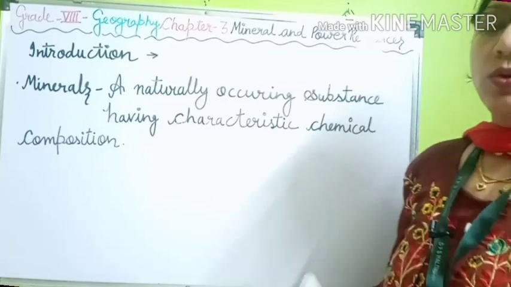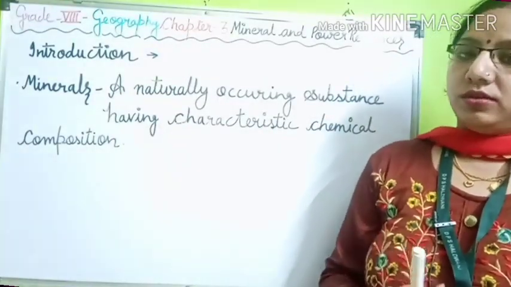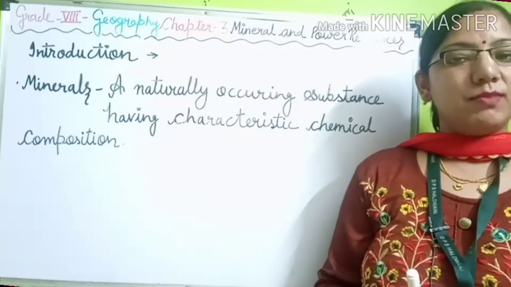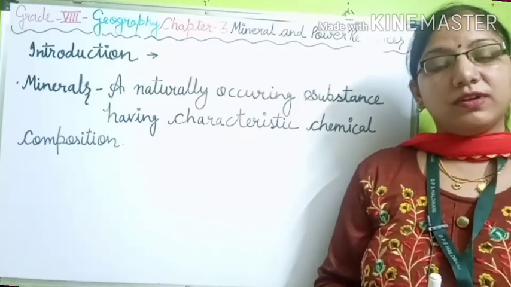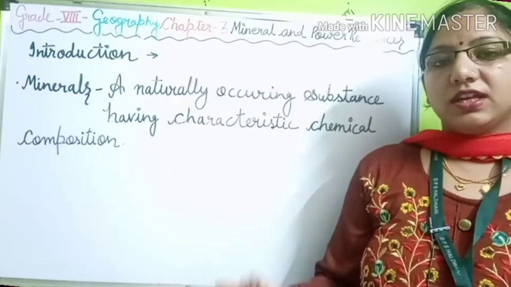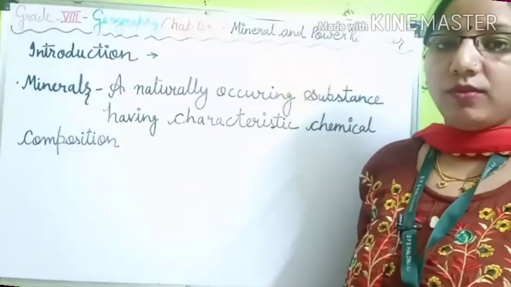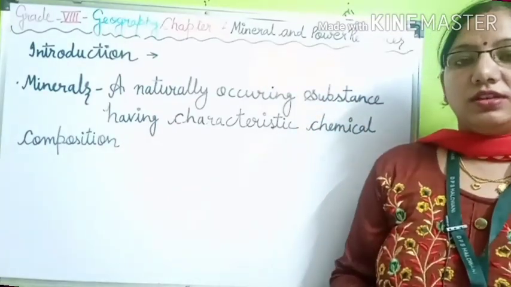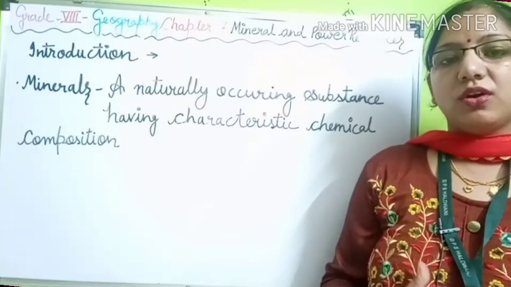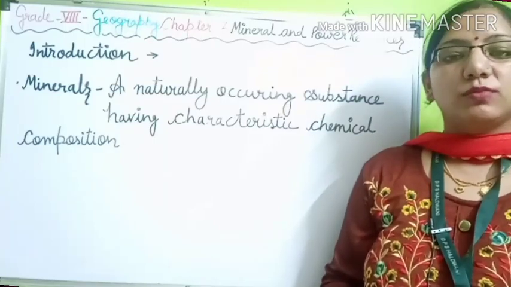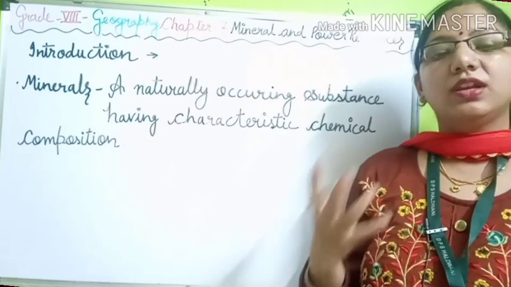Okay, so minerals are always found in rocks. Where are minerals always found? In rocks. As you know, when a volcanic eruption is occurring, the lava is coming out from the earth's interior. As you know, in the composition of the interior of the earth, there are many elements in liquid form.